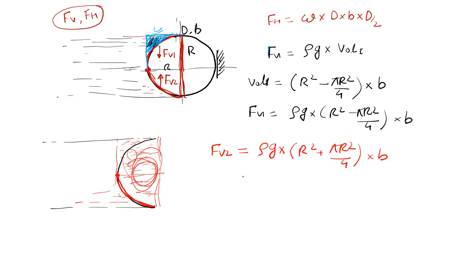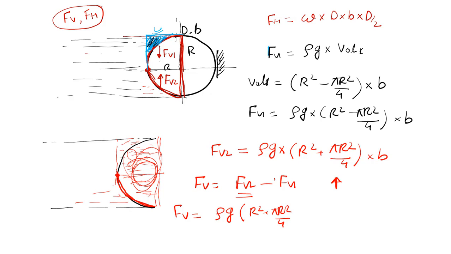So net vertical force is Fv2 minus Fv1. This will be in upward direction, because I have considered upward as the positive direction. So Fv equals rho g into (r square plus pi r square upon 4).